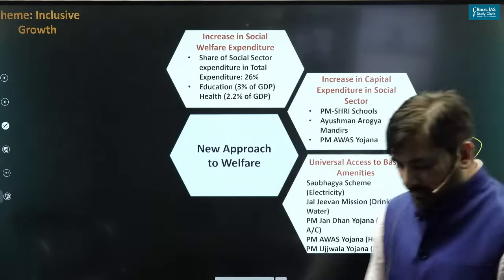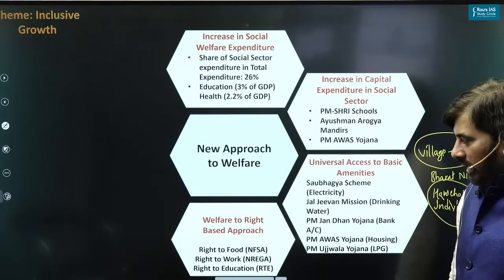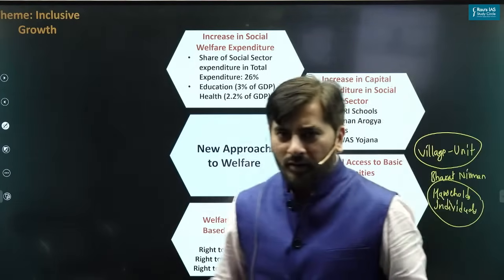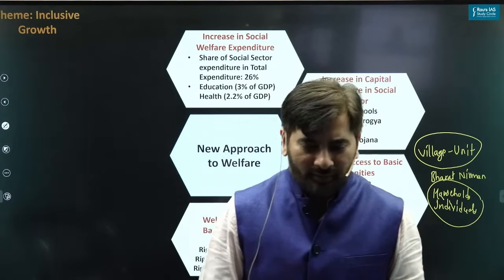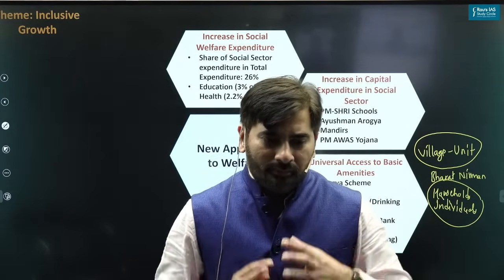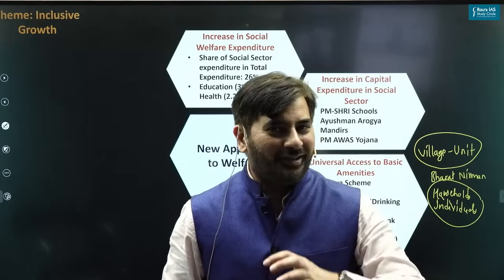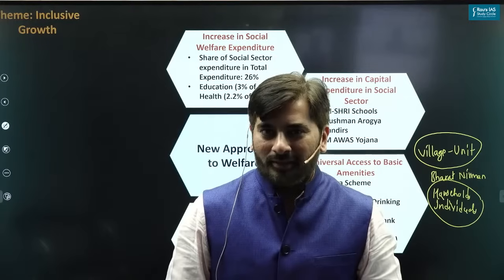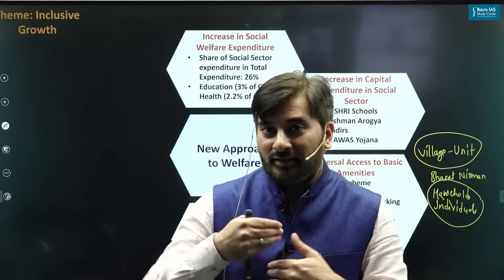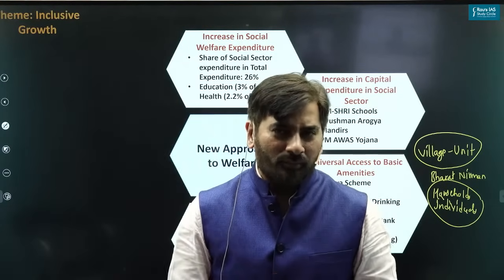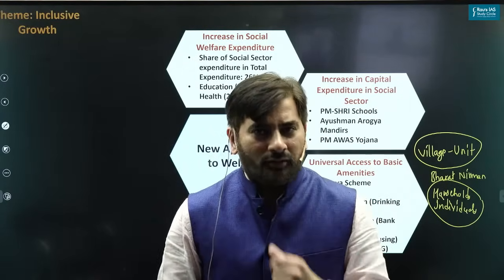Taking it forward, the next approach is welfare to rights-based approach. Now, what is this welfare to rights-based approach? Earlier, the government used to provide for various social services, but this was more of welfare oriented. Now, these schemes and programs have more become rights of the people. In what way? Think of it.